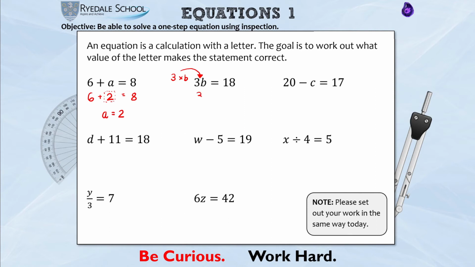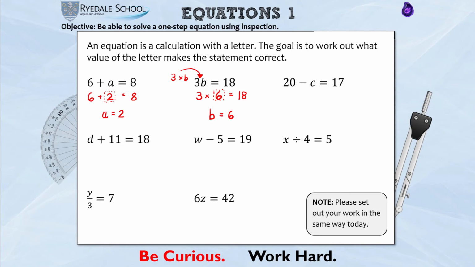So if I'm going to write this question out with a box, what I'm needing to think about is 3 times what equals 18. How many 3's are 18? If you count up in your 3 times table, you will realise it is 6. So in this example, b equals 6.